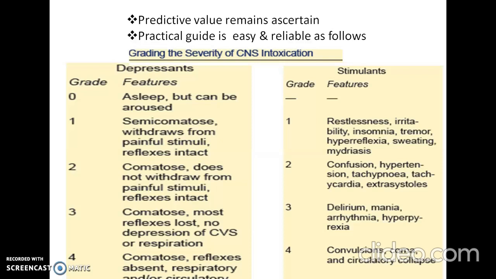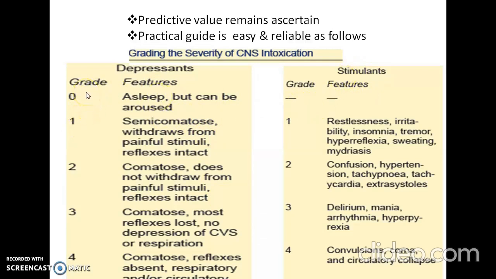This grading scale also has an additional advantage: it takes account not only of the CNS depression produced by CNS depressant agents, but also of CNS stimulating agents which can produce coma only in the last stage. So here we can observe both categories, depressants which can cause intoxication, and stimulants. Here scoring can be given.